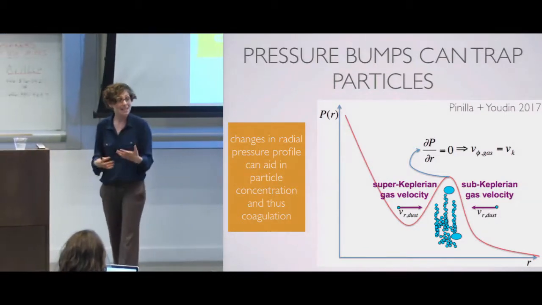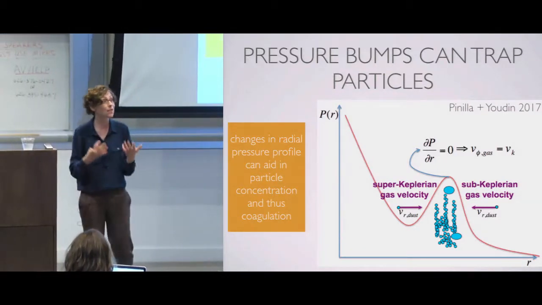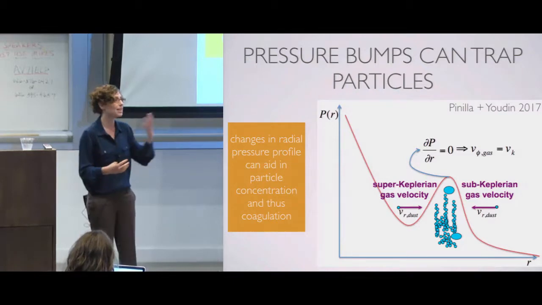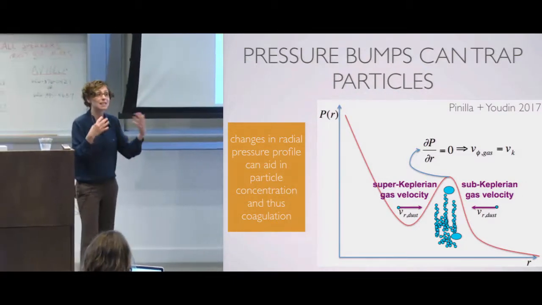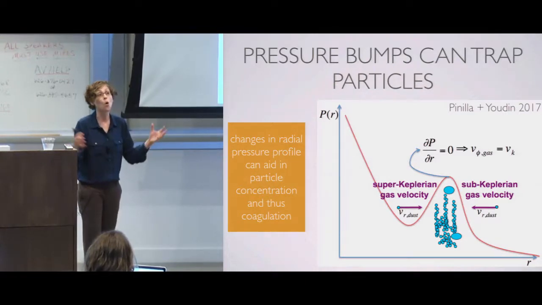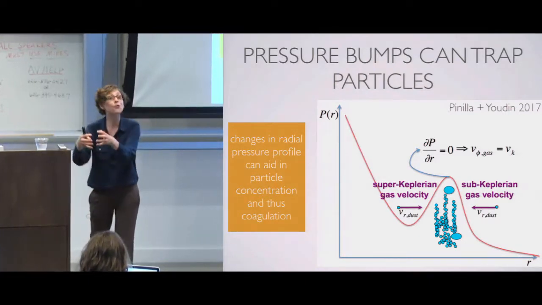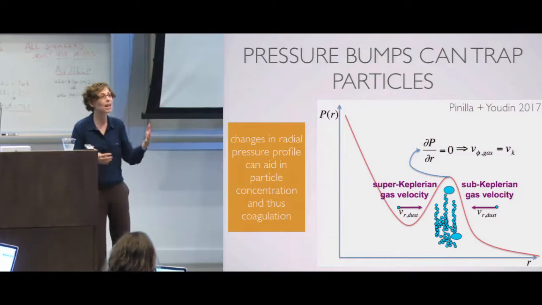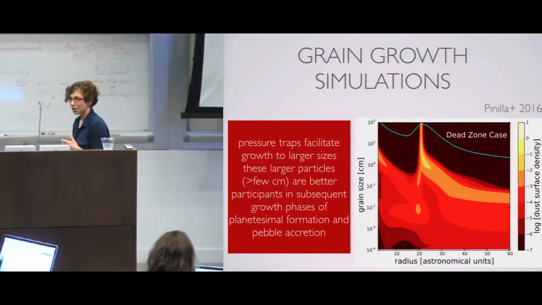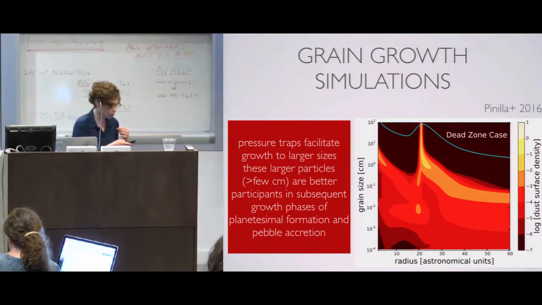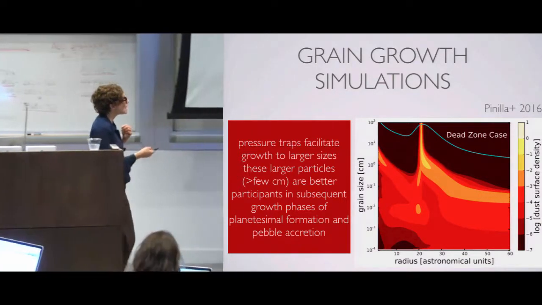And gas has different phases. All these other molecules have different phases. So for example, at ice lines, we can have sharp changes in the gas composition as things sublimate, for example, or as things like CO freeze out onto grains. And this can create bumps in the disk. This model I'm going to show you on the next page by Palapania shows what can happen at a dead zone boundary.